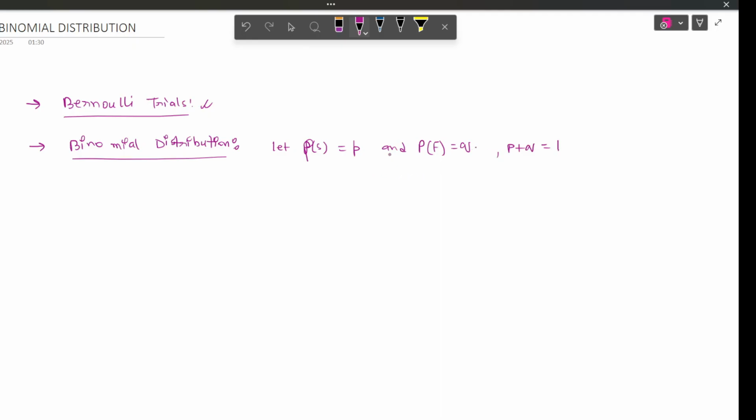And let us say this experiment is performed 4 times under identical conditions.